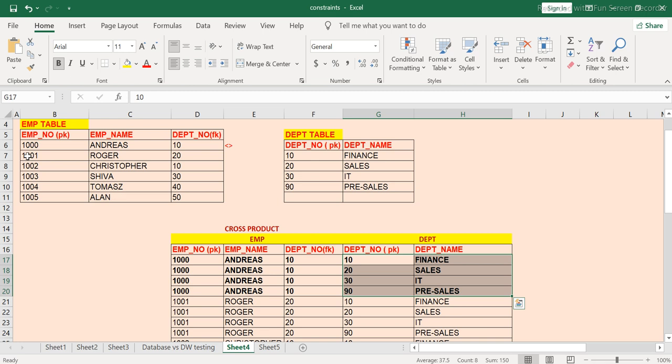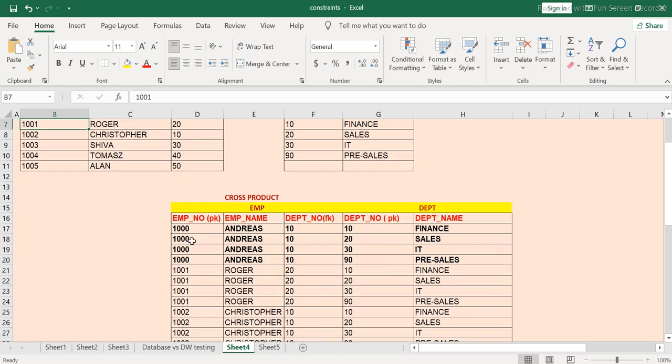Similarly, for employee number 1001, Roger, and department number 20, I need another four records because it has to again multiply with 10, 20, 30, 40, and 90, and this is again the same information. So this is 6 and this is 4. Every row from here will be multiplied with all these rows. So this is how this works.